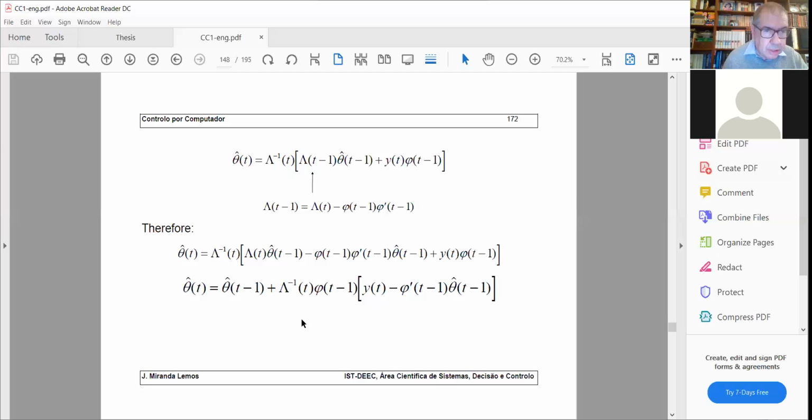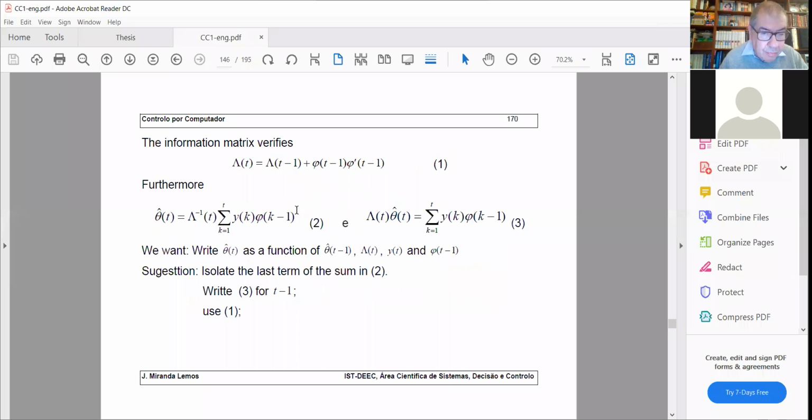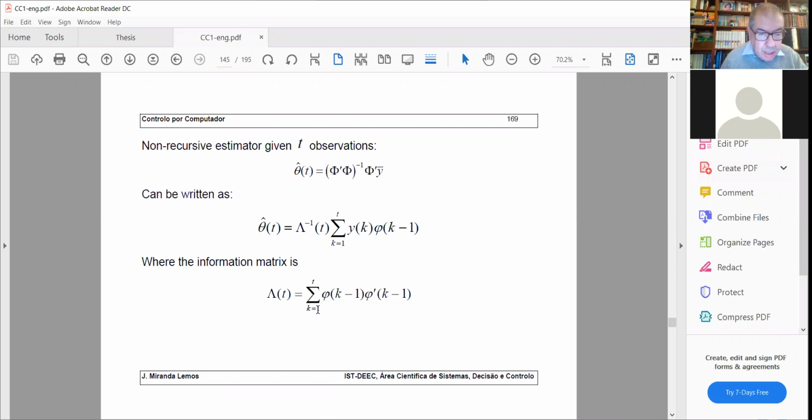So this is the formula we have deduced, and we know that lambda is something in which you are accumulating terms of the form phi phi transposed. Let's go back a little bit. You see, in lambda you are adding terms of the form phi phi transposed. So you can say that lambda of t is lambda of t minus 1 plus phi of t minus 1 phi transpose of t minus 1.